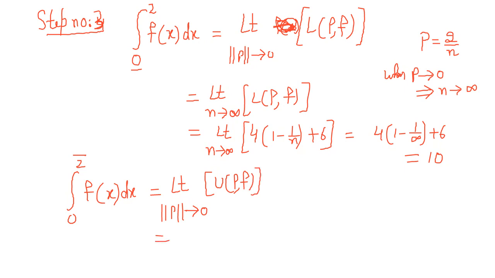So similarly, limit n tends to infinity. What is UPF? UPF is your 4 times (1 plus 1 by n) plus 6. So it comes out to be 10 here again.